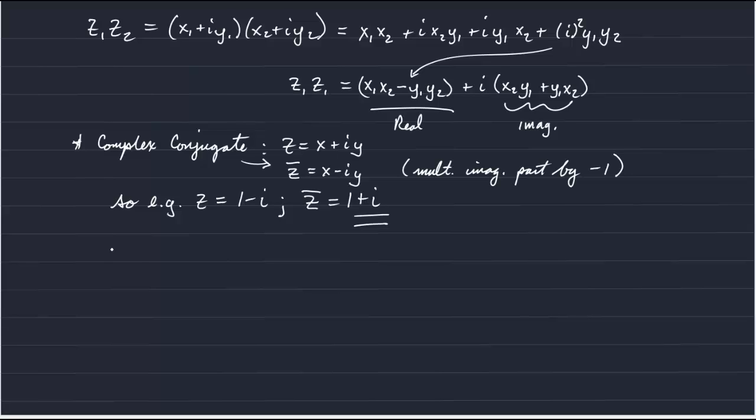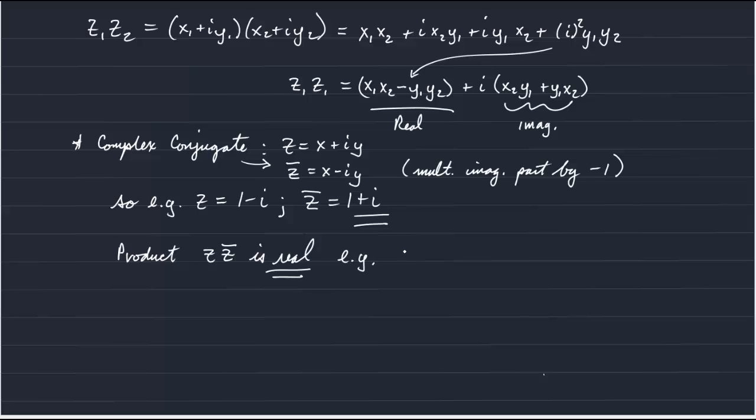One aspect of the complex conjugate is that the product of a complex number times its complex conjugate is real. That converts a complex number to a real number.